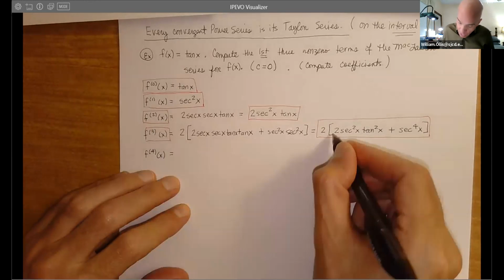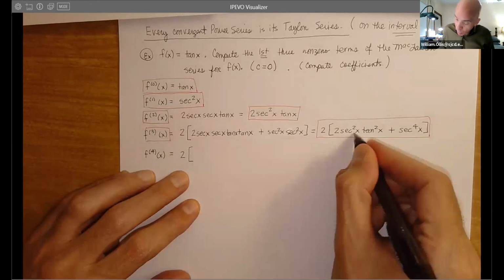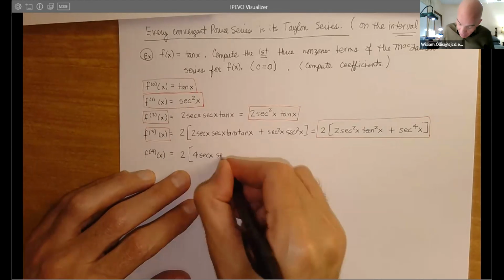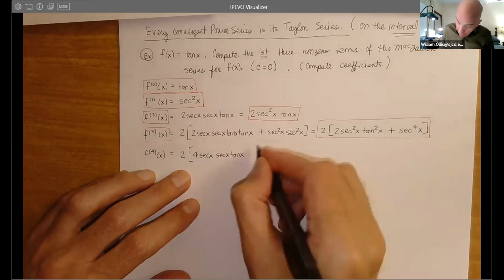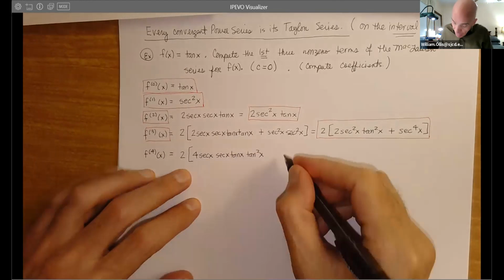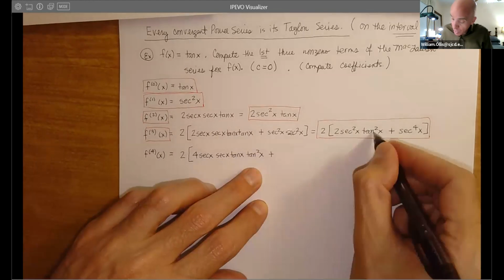So now let's factor the 2 here again. Chain rule, bring the 2 down, so that'll be a 4 secant x to the first power. Then we have secant tangent, the derivative of the inside, times the tangent that's already there, tangent squared. And now leave this alone and differentiate the tangent.